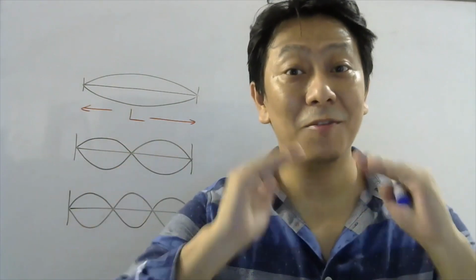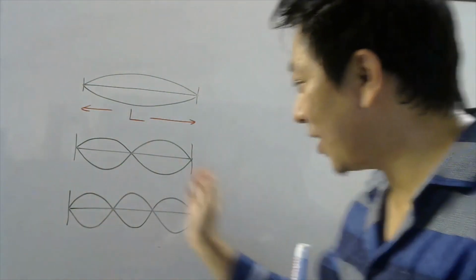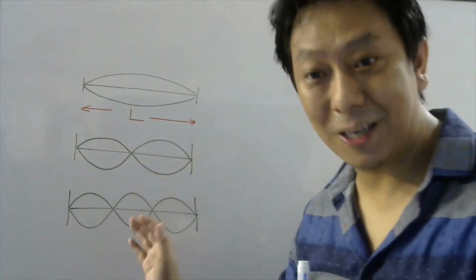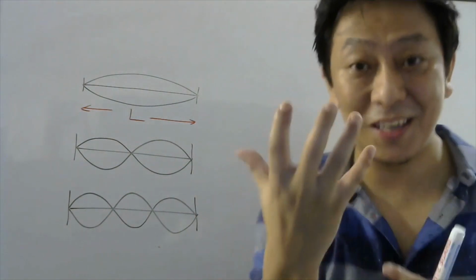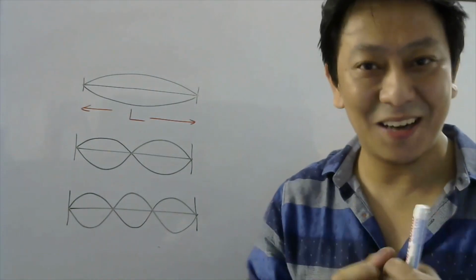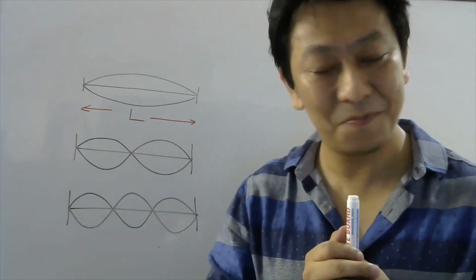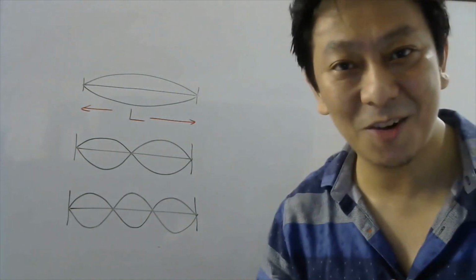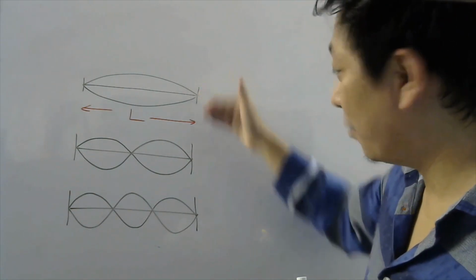So now you have realized that if you have a string which is fixed at two ends, then you can make it vibrate at only certain frequencies. I was not able to make the string vibrate at this frequency because it requires a very fast movement of my hands, and because of the inertia of my hand, I really can't do that. You can do it with electrical oscillators. However, mechanically it is not possible for me, but I did produce these two modes of vibration.